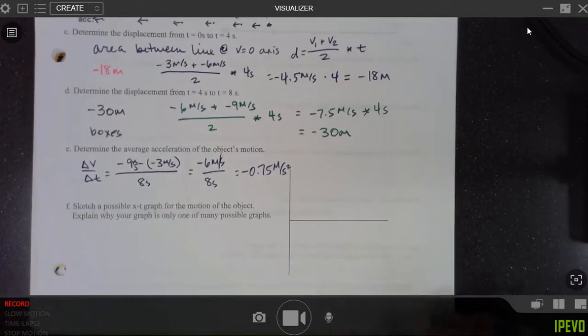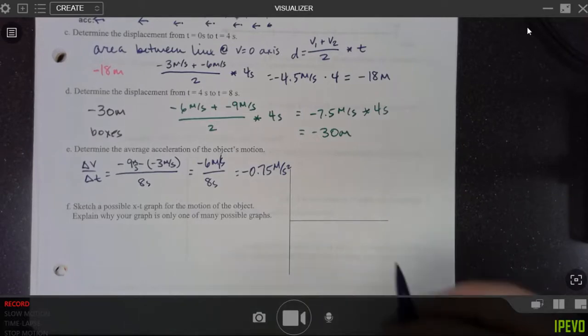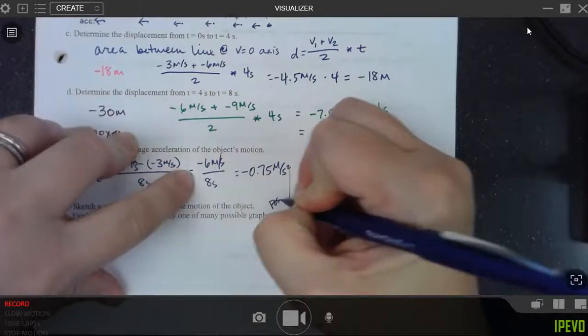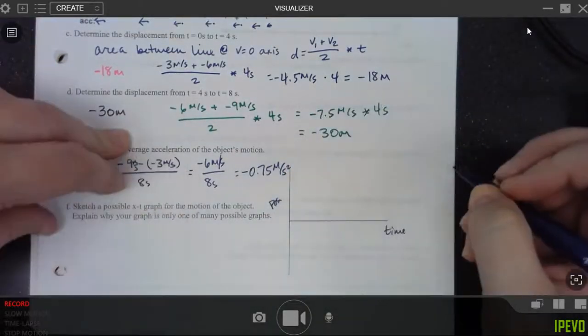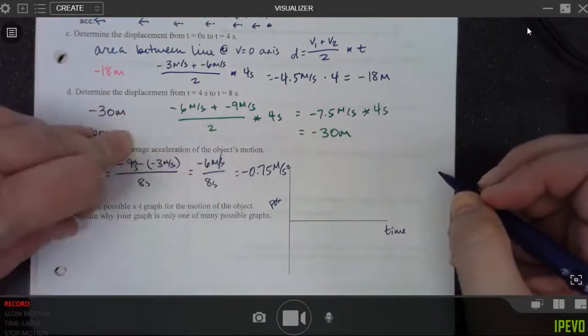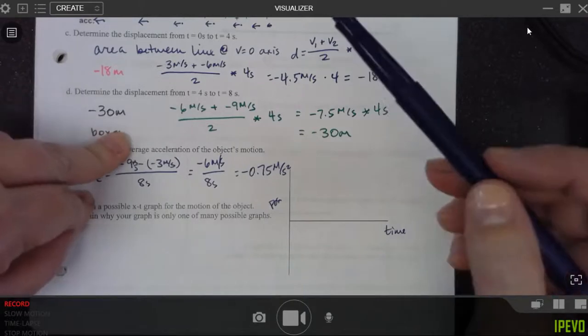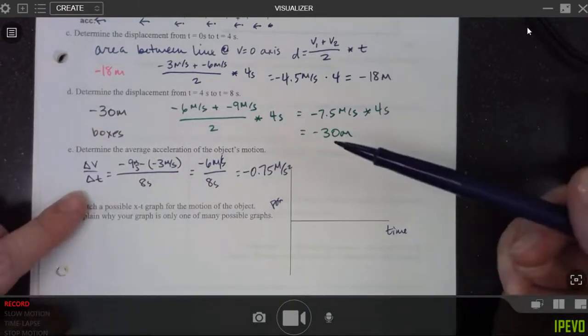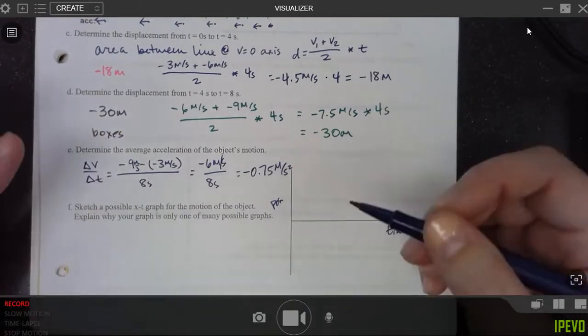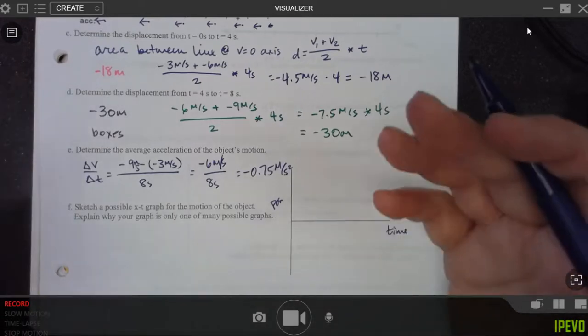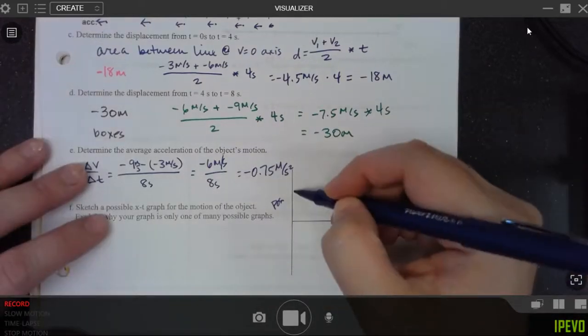And then the trickiest part: sketch a possible position versus time graph for the motion of the object. Explain why your graph is only one of many possible graphs. Well, the thing about our original data is that it doesn't tell us where the object started. So the reason that what we're going to draw is one of many possible graphs is because you could start anywhere on this axis.